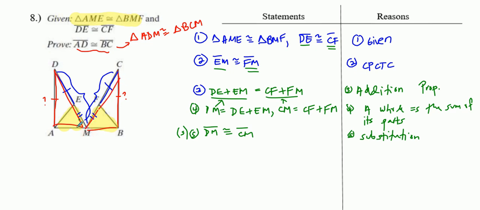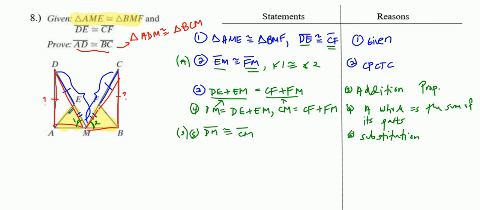And I notice that this angle and this angle are angles in both of those triangles. I'll number them 1 and 2 to make this a little bit easier, and I can say they're congruent by CPCTC. So I'll go ahead and write that up in my statement 2, since I already have the reason CPCTC listed out. And that would be a pair of angles in the red triangles.